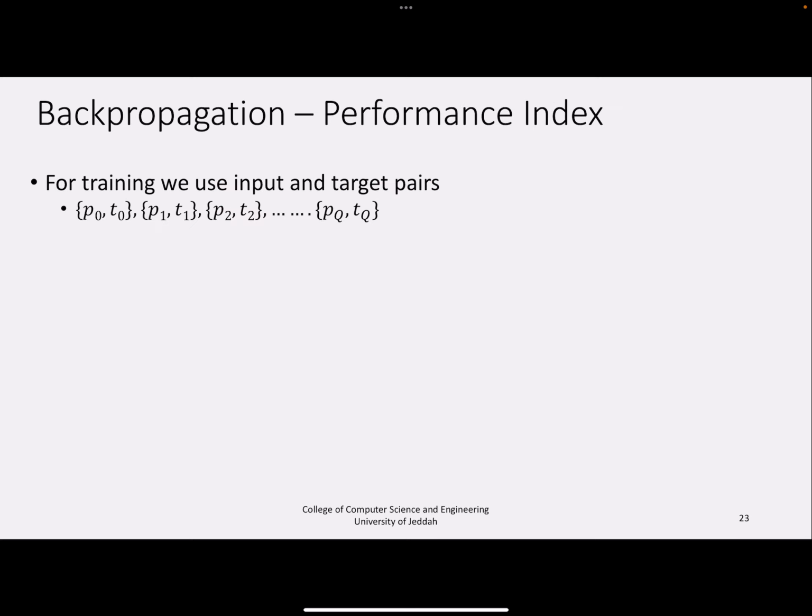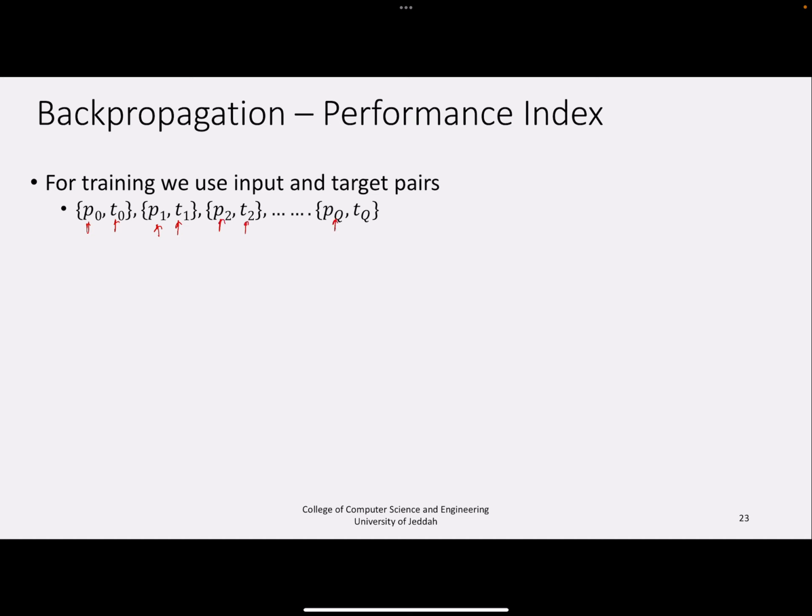So for training, we assume we have a lot of inputs and corresponding target output pairs. So just like before, for P0, this network we know should give us as target output T0. For P1, the output should be T1. For input P2, output should be T2.